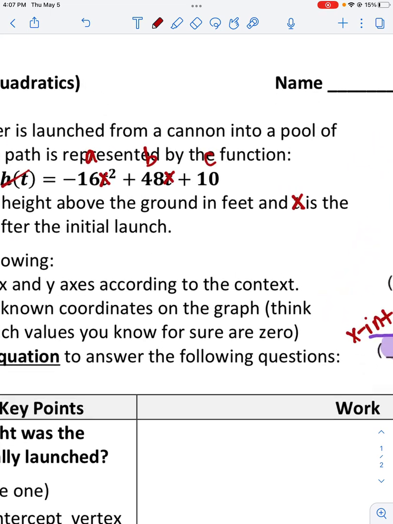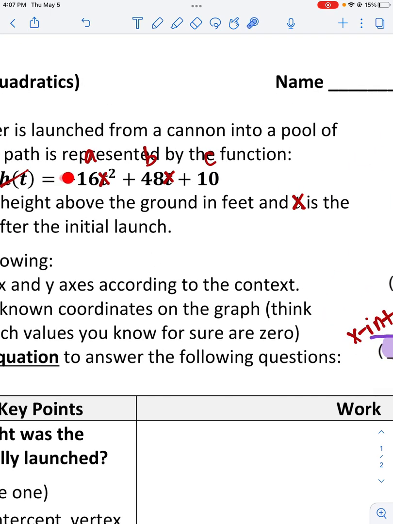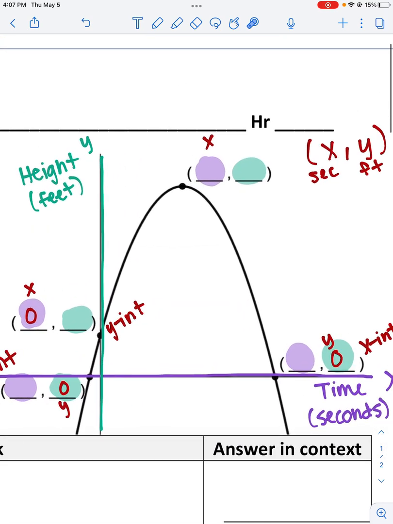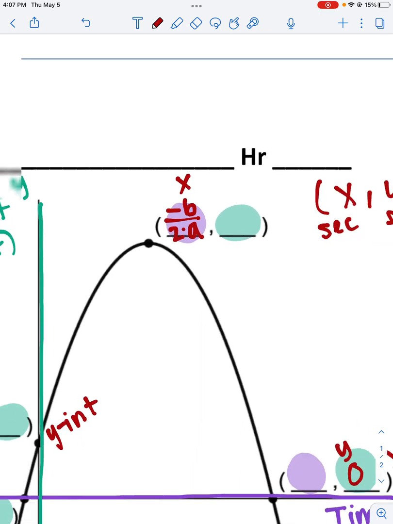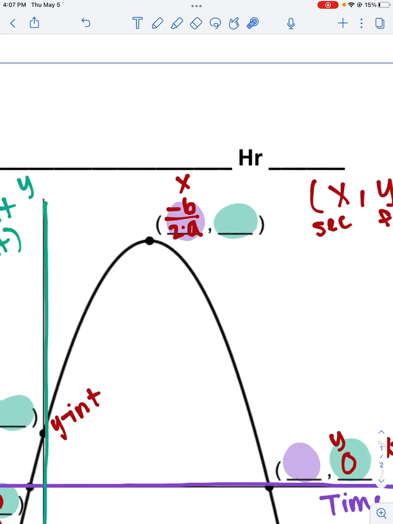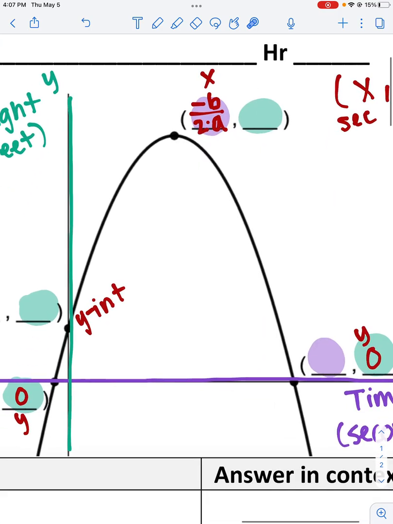When I have my equation in standard form, which is written out as ax squared plus bx plus c, I use the B and A values here. If I take the opposite of the B value and divide it by 2 times the A value, that will give me the x coordinate of this vertex. So minus b over 2a tells me where the center of my parabola is, or the x coordinate here.